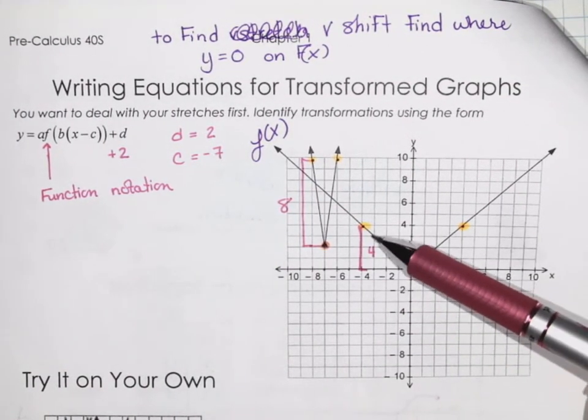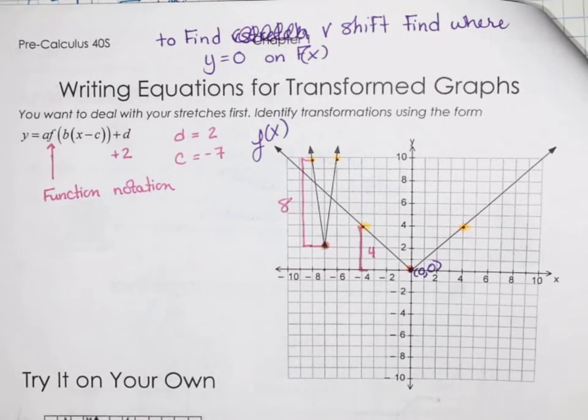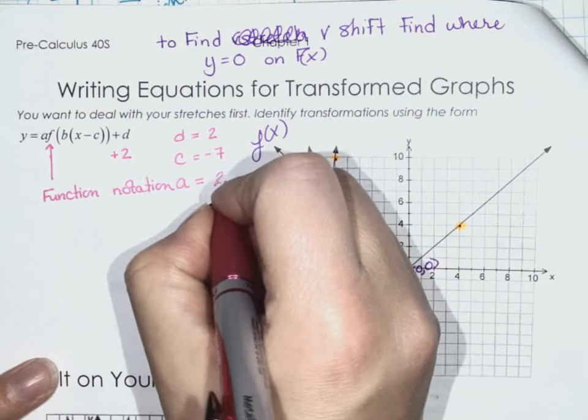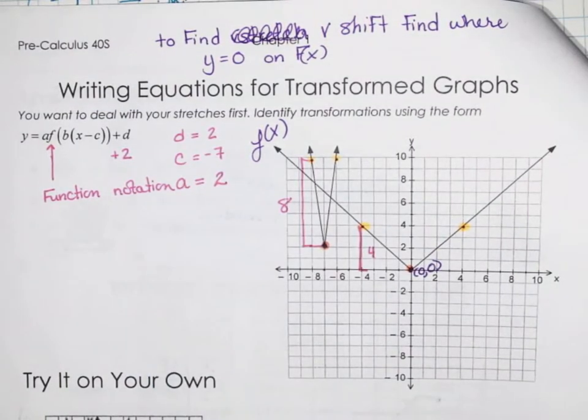So what mathematically do I need to do to 4 to turn it into an 8? Multiply by 2. And we know it has to be a multiply because we're dealing with stretches, and stretches are all about multiplying. So we know we have an A value of 2. Any reflections on this thing? We'd know if there was a reflection in the x-axis. Would we know if there was one on the y-axis? No, we couldn't tell because they're the exact same points. They're symmetrical.